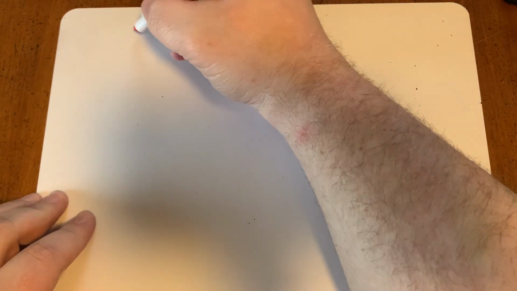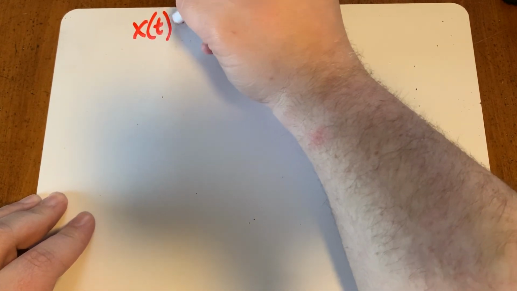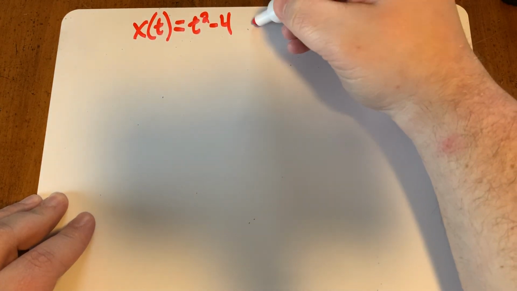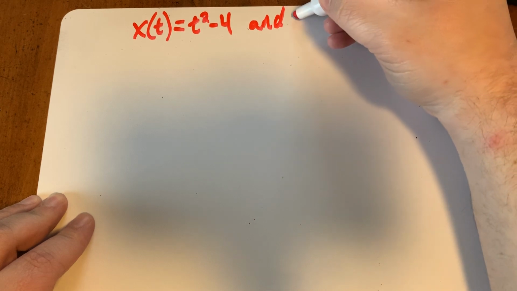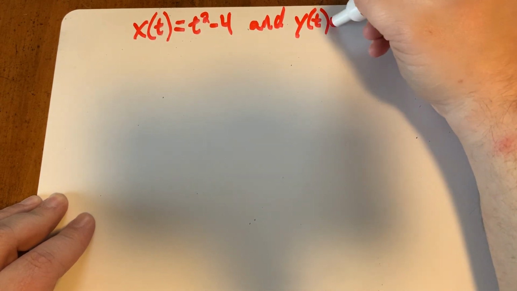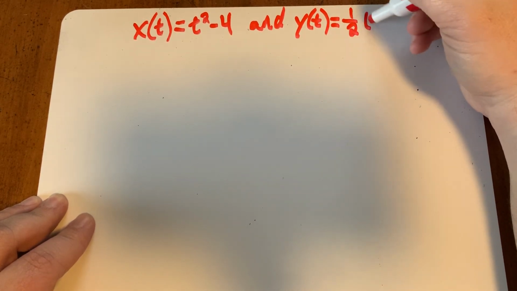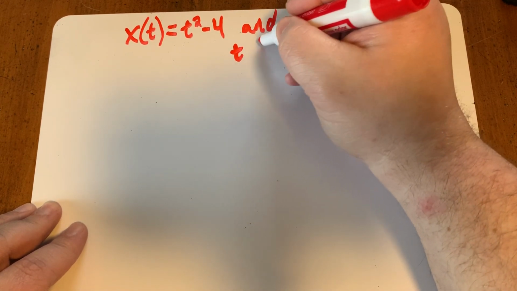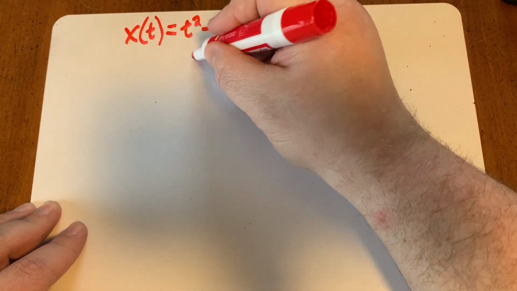But let's say we had x of t equals t squared minus 4, and y of t equals 1/2 t. And let's say our interval is t between -2 and 3.